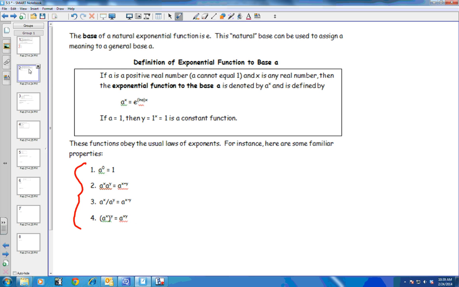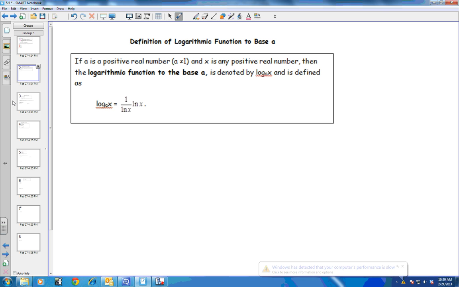Okay? The next definition is just another way to write a definition of the logarithmic function to base a. If a is a positive real number and a cannot equal 1, and the reason a cannot equal 1 is because the natural log of 1 is 0, and x is any positive real number, then the logarithmic function to the base a is denoted by log base a of x.